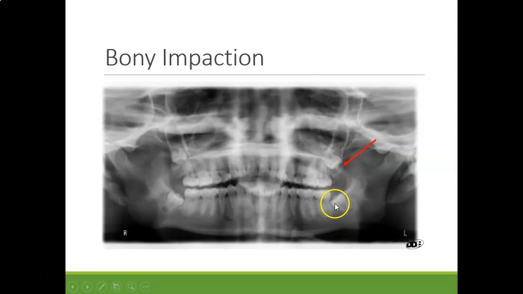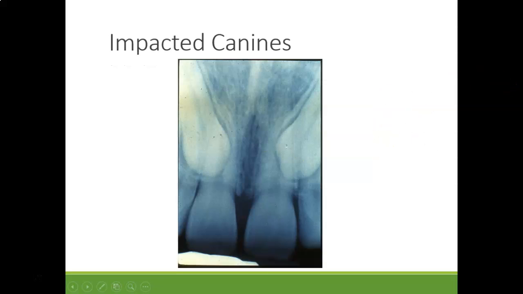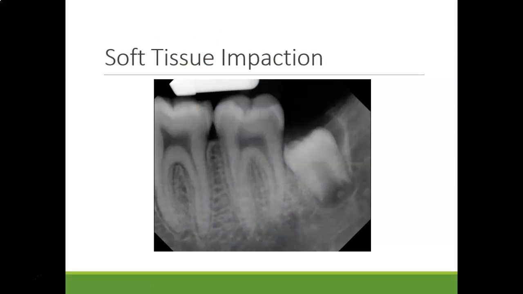This one has sort of a partial bony impaction, and that one is kind of coming in this way. That one's going more off distally. This is a soft tissue impaction. It's just kind of covered. The bone is pretty much gone off the top, but it's just the soft tissue that's covering it there. That was a wisdom tooth as well. This guy's a wisdom tooth.